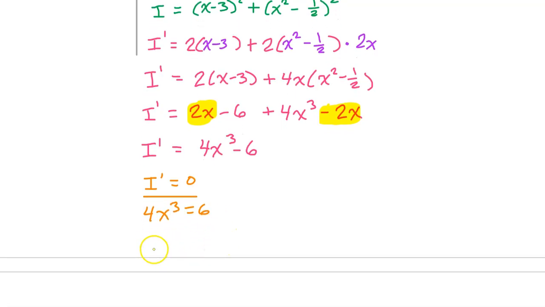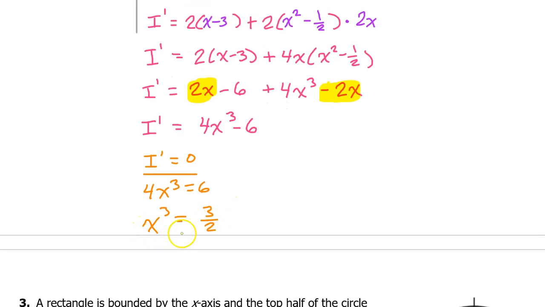Dividing both sides by 4, we get x to the third power is equal to 6 over 4, which is 3 over 2. And taking the cube root of both sides, we get x is equal to the cube root of 3 over 2. Not very pretty, but we have one critical value.